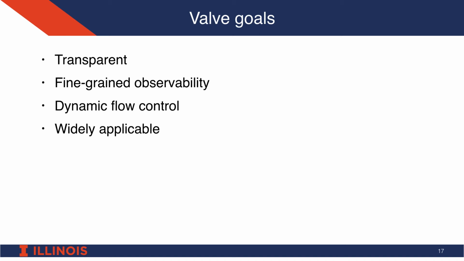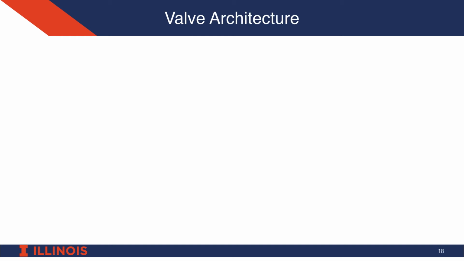We want to dynamically monitor the function instances constituting a serverless application and enforce a flow control policy to only allow intended flows. And lastly, Valve should also be widely applicable to current serverless platforms as a plugin or with minor modifications. Next, I will go through the architecture of Valve.